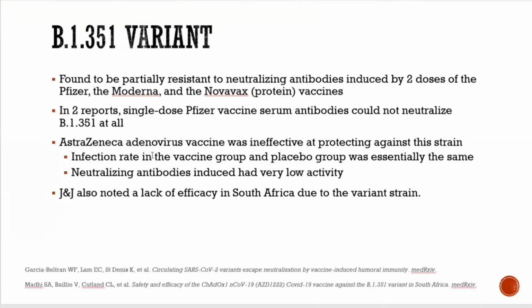Studies with AstraZeneca, the adenovirus vaccine, already showed it to be ineffective at protecting against this strain. It even showed infection in the vaccine and the placebo group was essentially the same, and neutralizing antibody studies showed very low activity. Same thing with the J&J, so also a lack of efficacy in South Africa due to this variant strain. These are some of the studies if you want to look at them later.